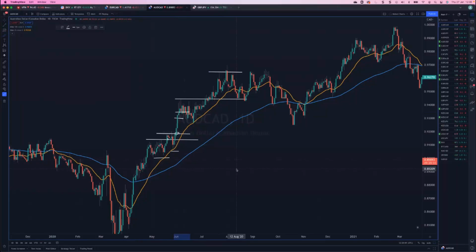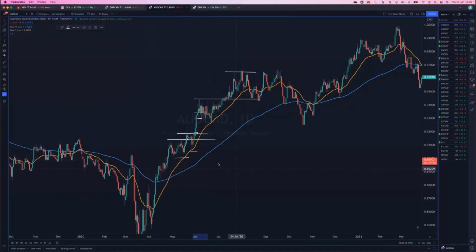If you can find where you go wrong and learn to identify your entries a little bit better, then you can push that up to 55%, and then maybe 60% at a one-to-one reward to risk, and 65 and 70%. And then you're making real money. You see what I mean? For a very, very simple system.